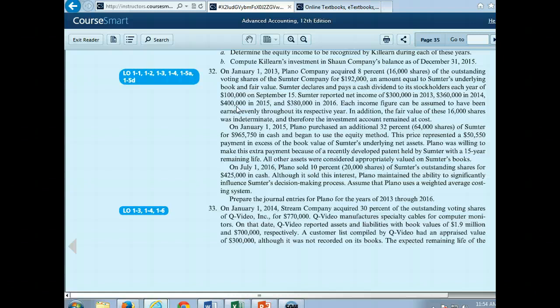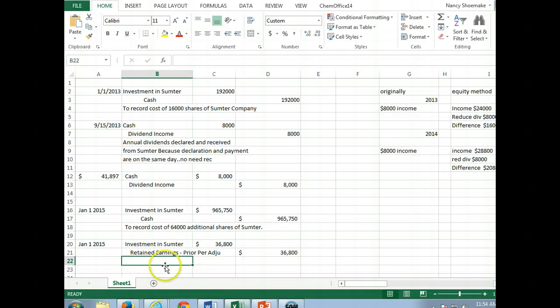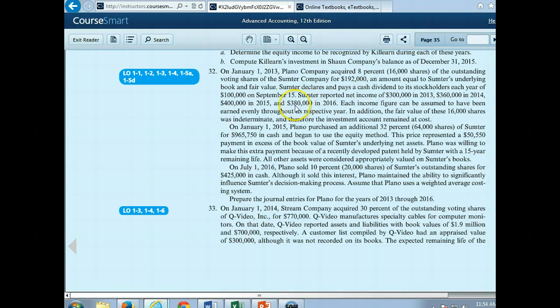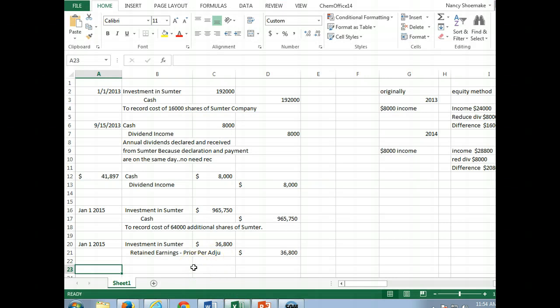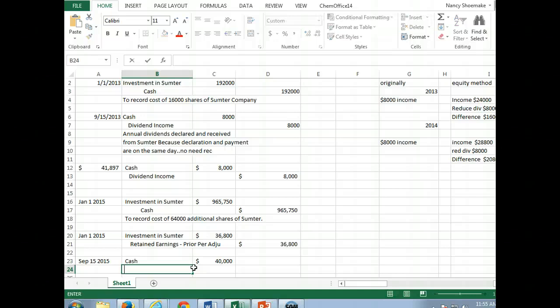So 400,000 times 40% is 160,000. Excuse me, the one thing we do need to do first is prior to that, on September 15th of each year, they give them a dividend. Right. So we need to do that first, since that comes first. So September 15th, 2015, we're going to show cash of 40, and we'll credit our investment in Sumter, won't we? Yes.